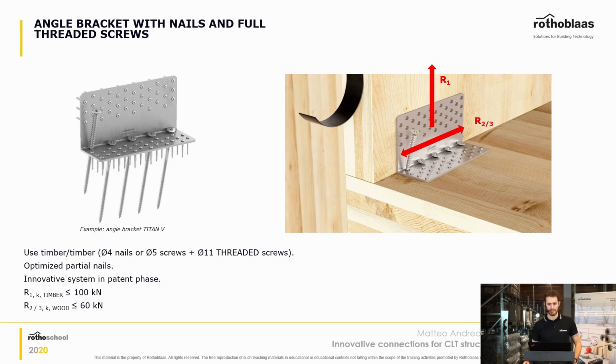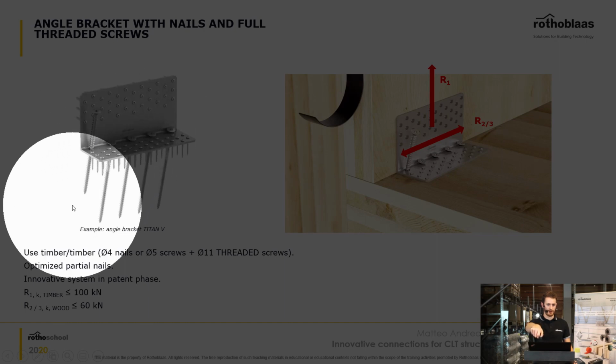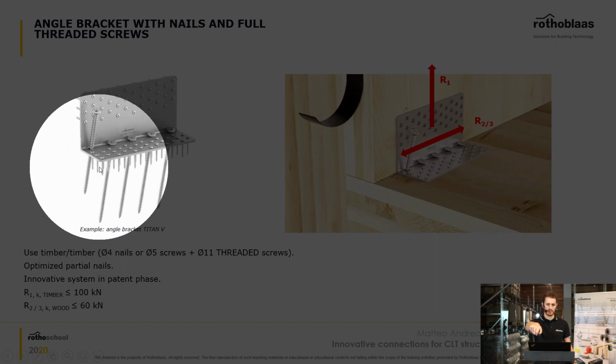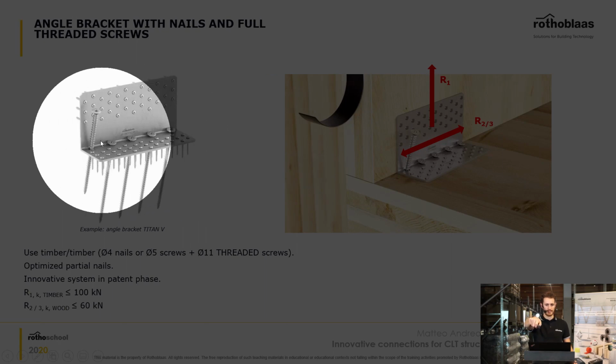That's another very well designed CLT connector. And why is it a good connector from an engineering point of view? As you can see here in the image, we have a series of full threaded screws that are placed exactly where the corner of the bracket is.